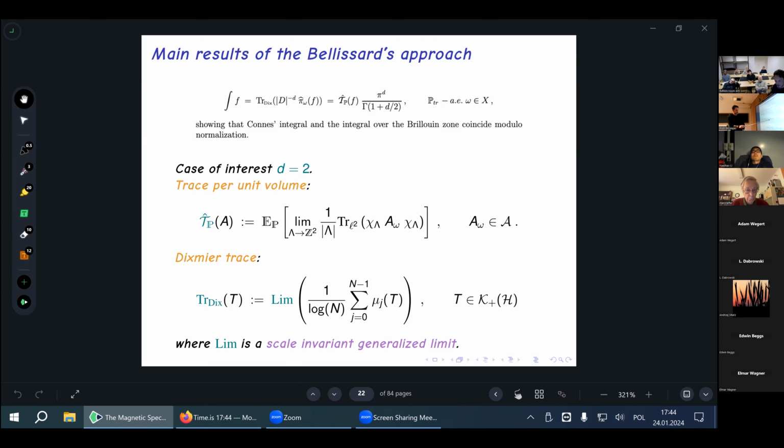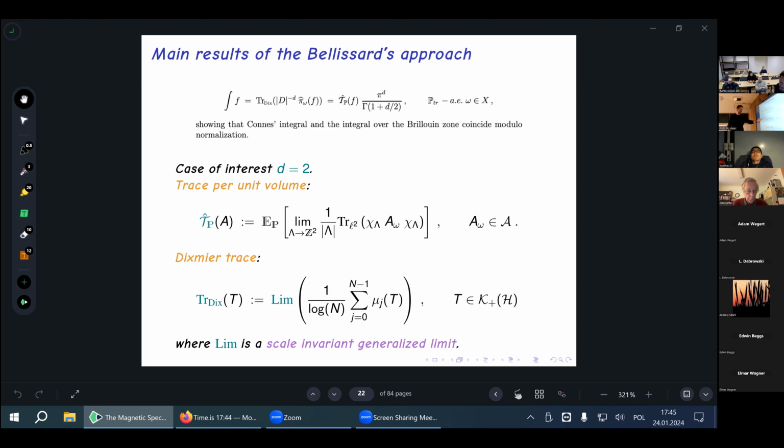I project my operator with the characteristic function of a finite set lambda in Z2. You can prove that this is trace class. You compute the trace and divide it by the volume of my cell lambda. Then I take the limit when lambda goes to Z2.